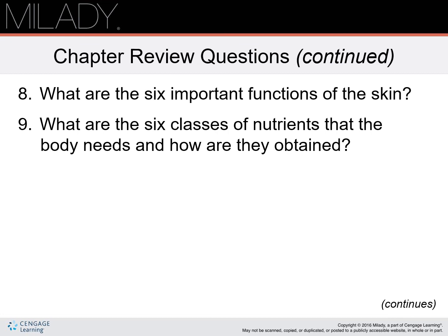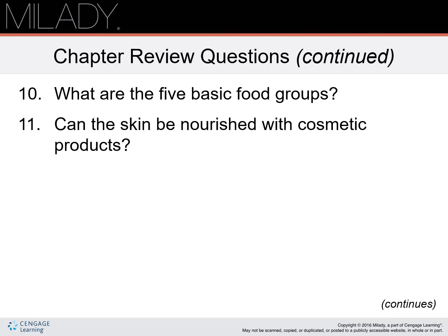Carbohydrates, fats, proteins, vitamins, minerals, water. They are obtained through eating and drinking. What are the 5 basic food groups? You have grains, vegetables, fruits, dairy, and protein foods. Examples of protein can be poultry, seafood, beans, eggs, meat.